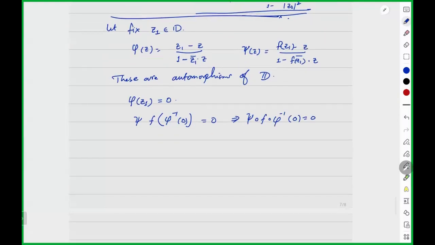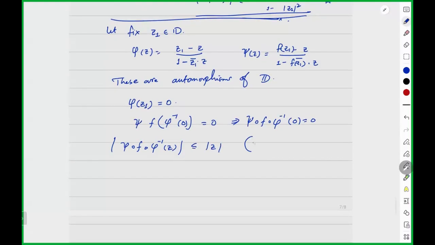So what we see here, this psi f phi inverse of z, its modulus is always less than or equal to modulus z. This is using Schwarz lemma.